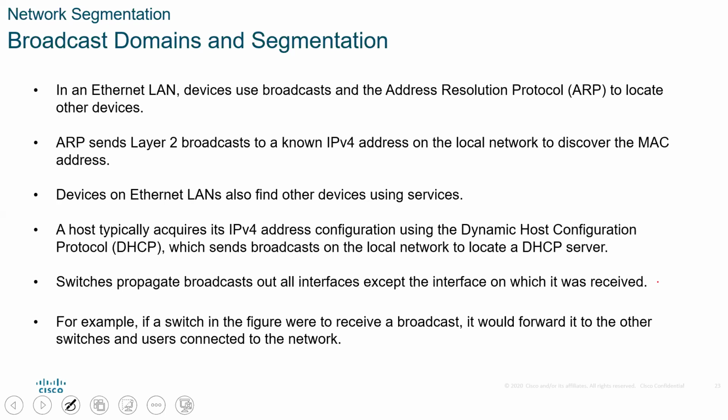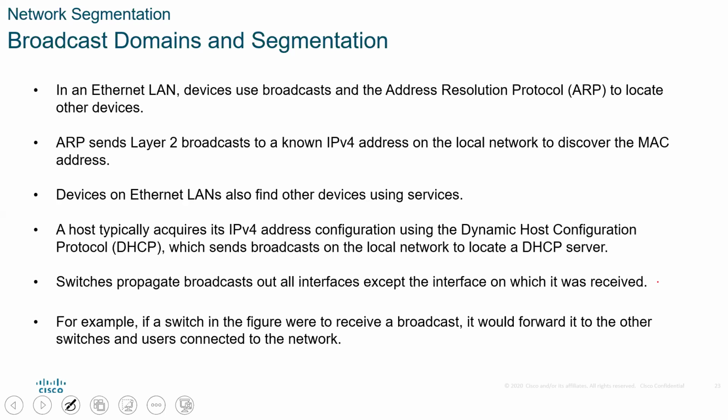Devices on the Ethernet LAN also find other devices using services. A host typically acquires its IPv4 address configuration using DHCP, particularly to help give it identity on the network.